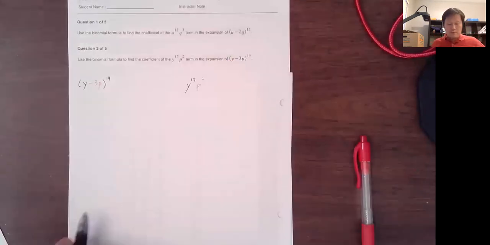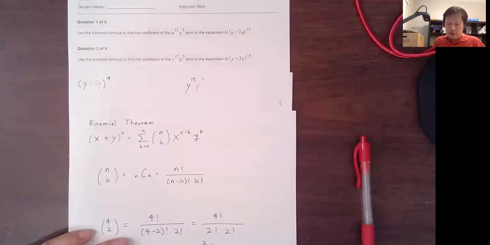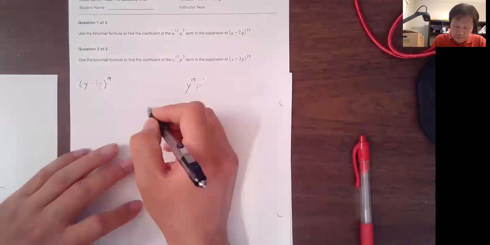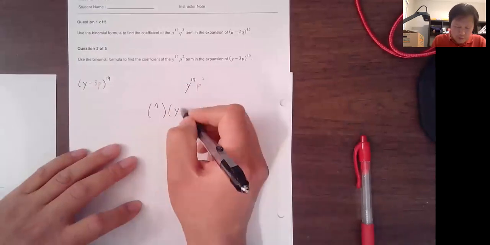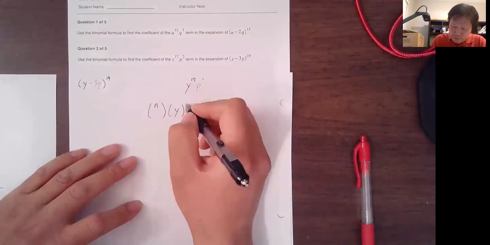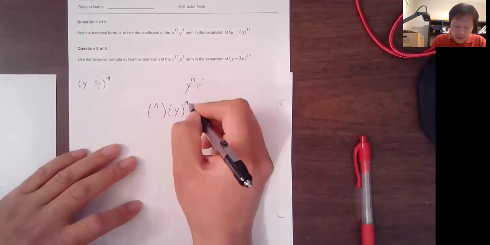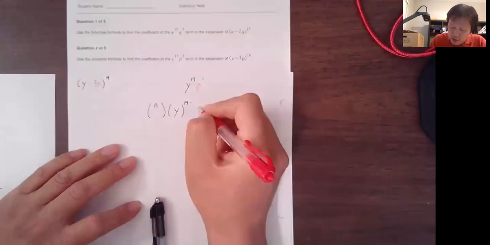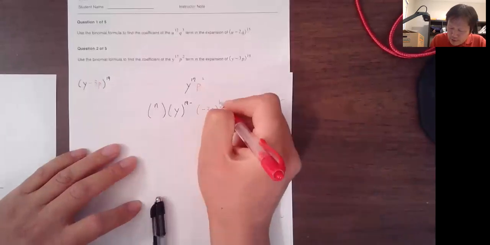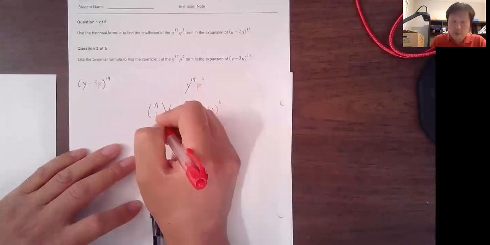Again, using the binomial theorem, you're looking for n here, y to the power 19, minus 3p to the k power.